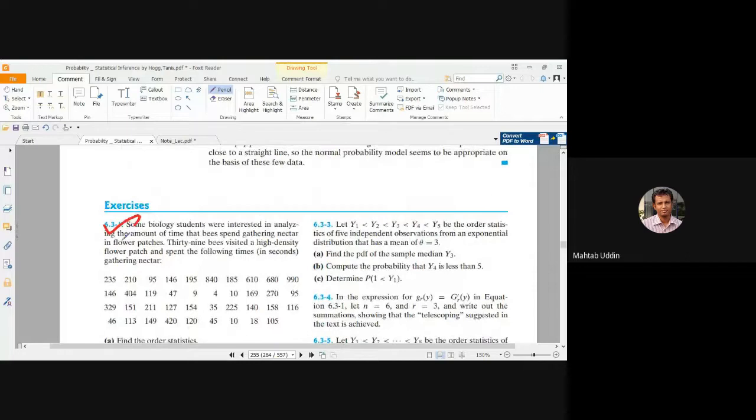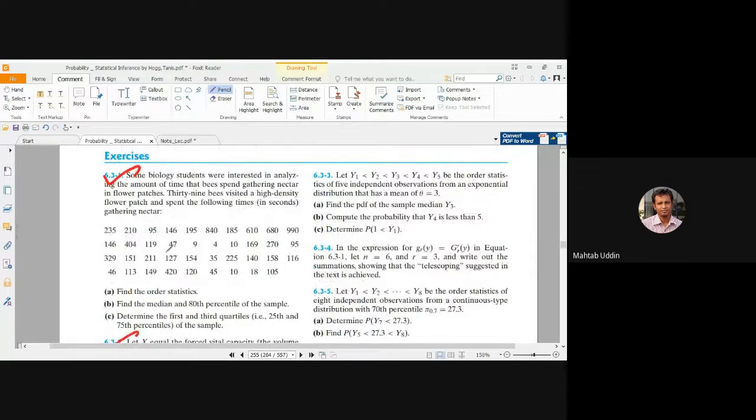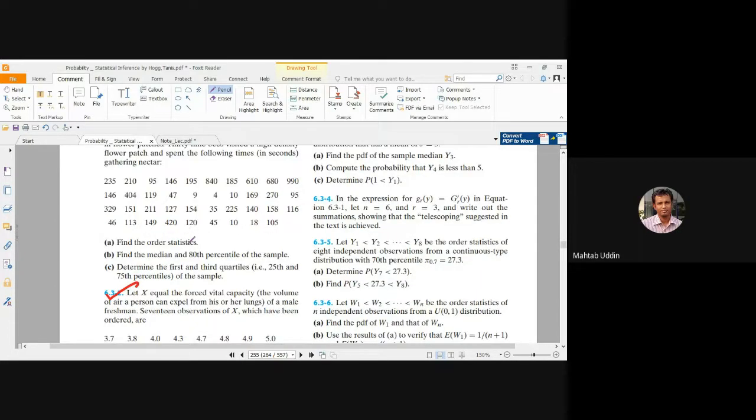You can see some values are given. First, you have to write them in order form. They are in raw form. So first you have to convert them in order form. Then you have to find the median, this percentiles and this quartiles.